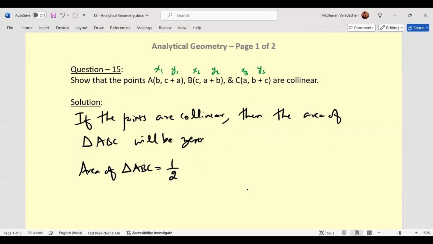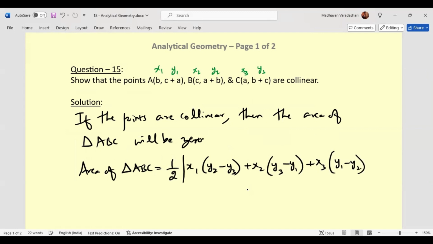It is half times modulus of x1 times (y2 minus y3) plus x2 times (y3 minus y1) plus x3 times (y1 minus y2). Now x1 is a, and then y2 is c+a minus y3, which is a+b, so (c+a) minus (a+b) gives c minus b.